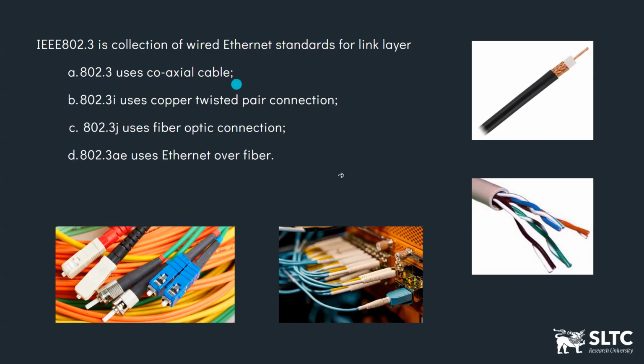If it is a coaxial cable transmission, it's 802.3, and if it is a copper twisted pair connection, it's 802.3i. If it is 802.3j, it is fiber optic communication, and if it is 802.3ae, it's Ethernet over fiber.